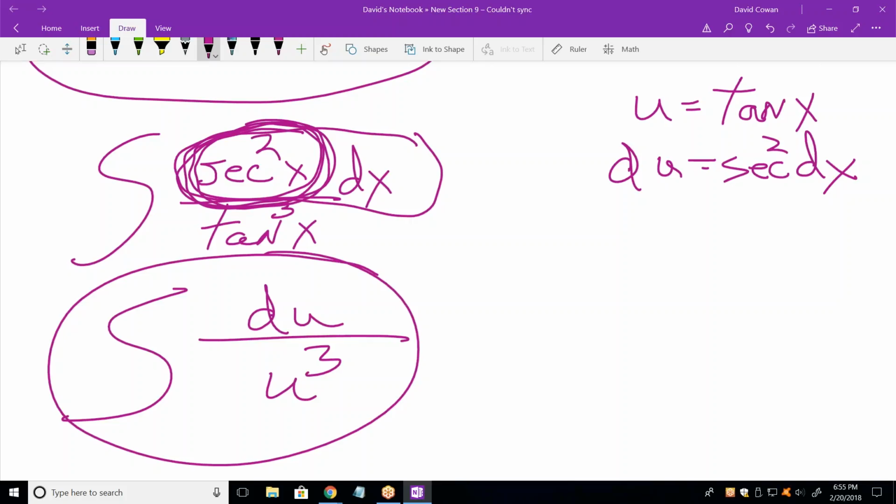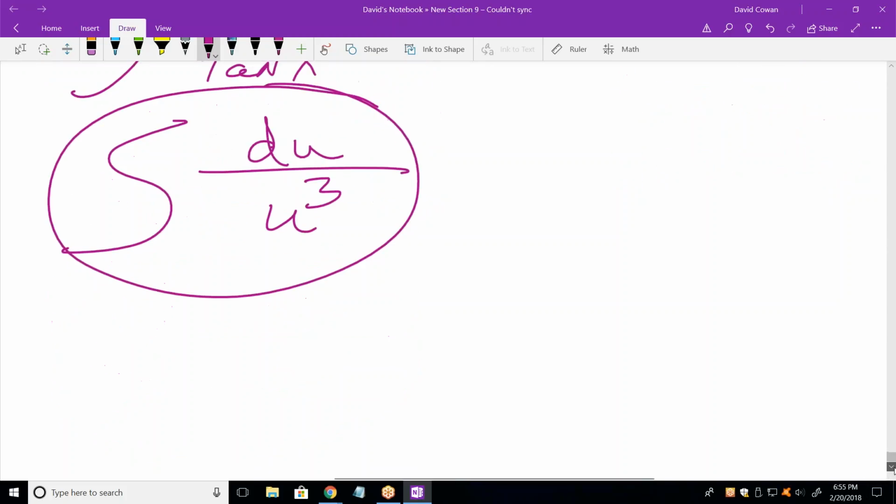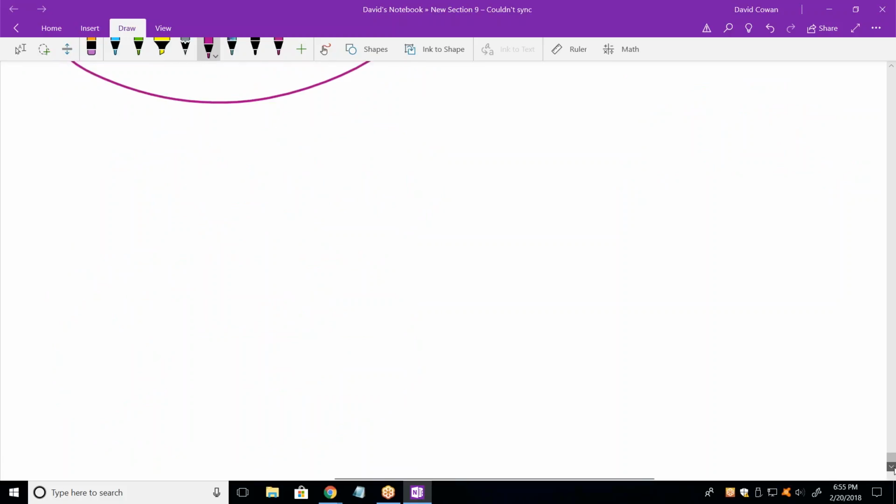Gosh, I wish I could think of one. I guess here, I think I can think of one. Let me see if I can make my point in the last 5 minutes here. Let's see. I want u to be natural log of x, and so I want an x in the denominator.